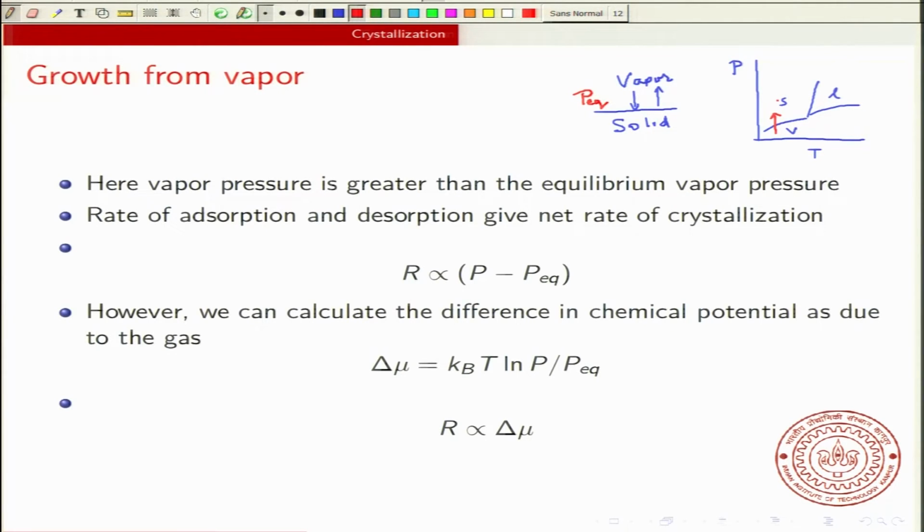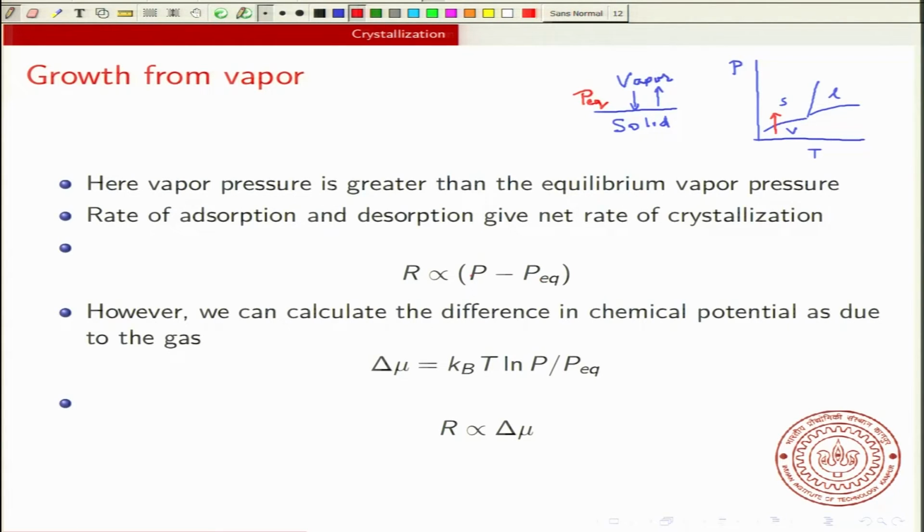I am not going to work this out in too much detail, but you can show from very generic arguments that the rate of crystallization should be proportional to the difference between the actual pressure of the vapor and the equilibrium vapor pressure.